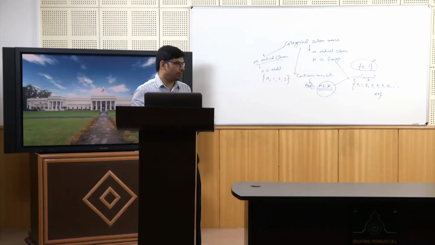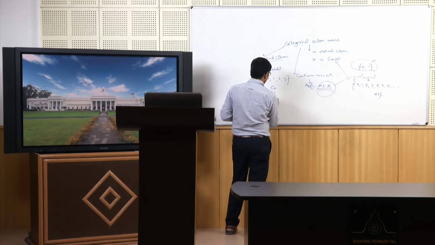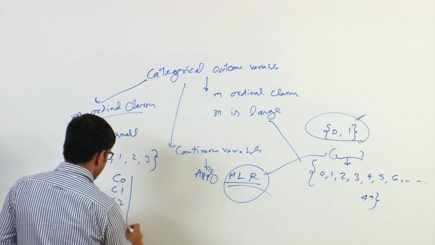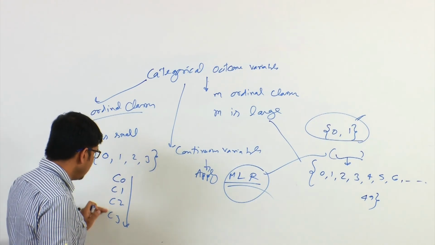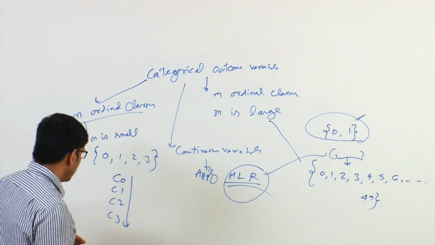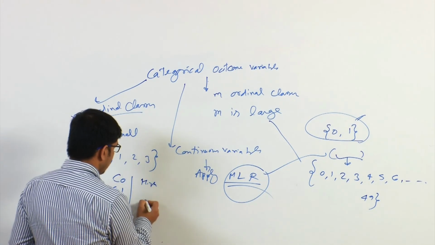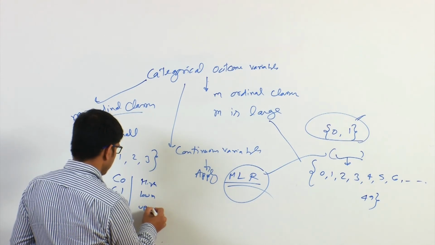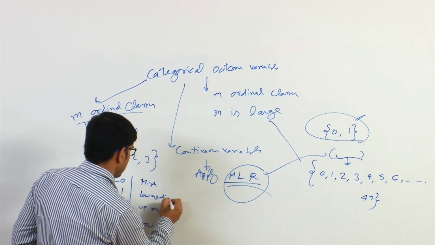When we talk about ordinal classes, this ordering is meaningful. When the ordering of classes is meaningful, one class can be said to be lower or higher than another, just like the categories we might have: high, upper medium, medium, and then low.